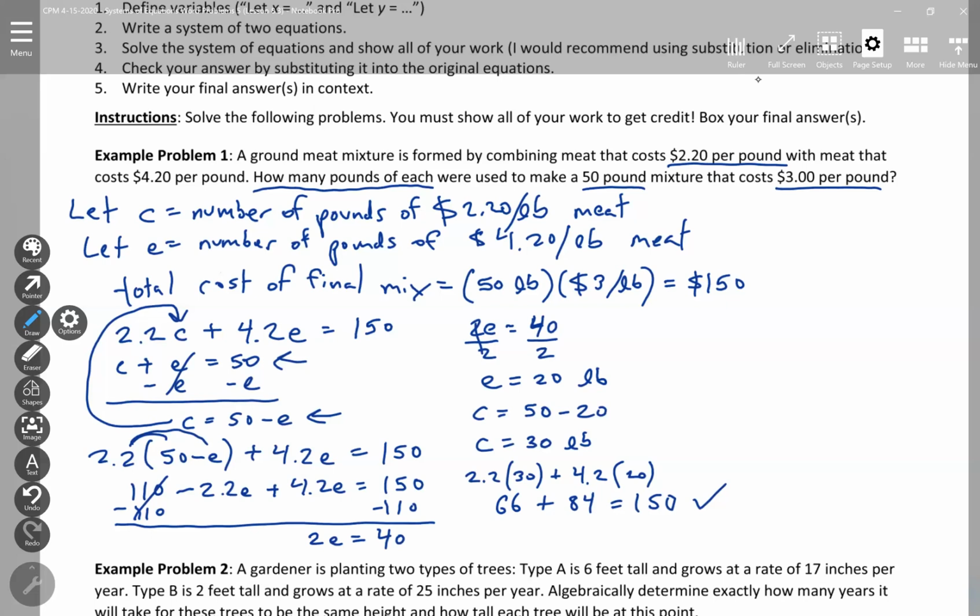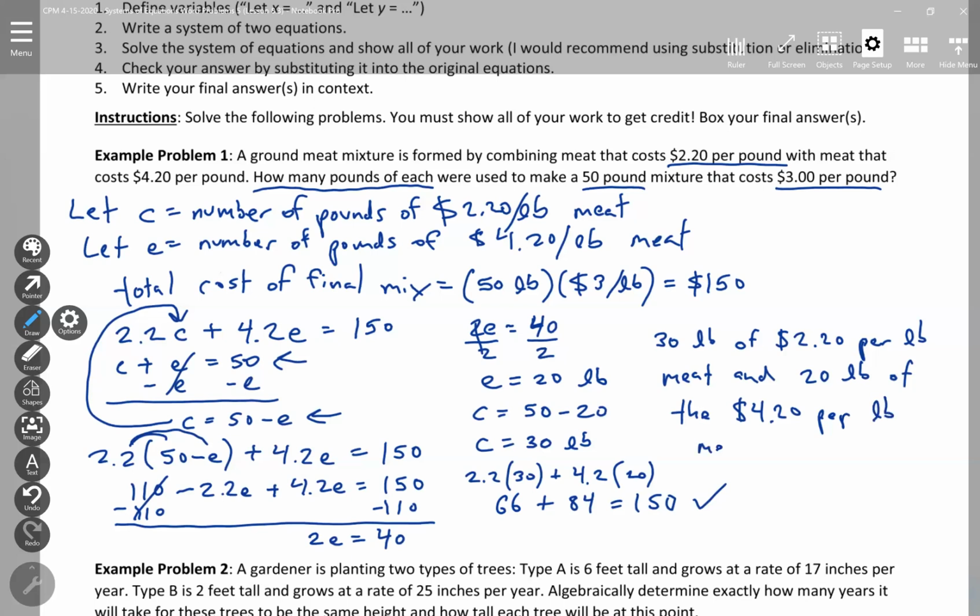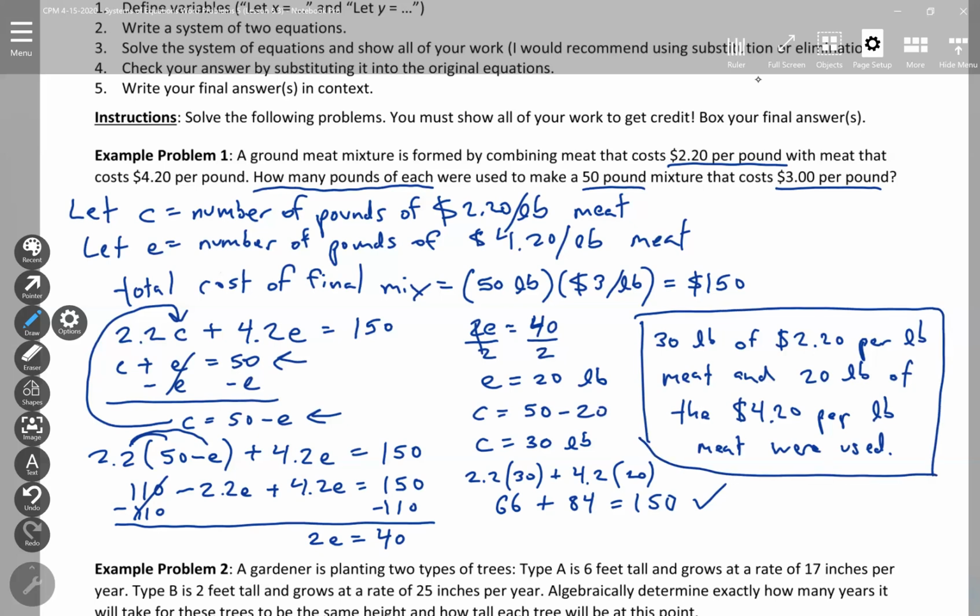So we have, let's say, 30 pounds of the $2.20 per pound meat and 20 pounds of the $4.20 per pound meat were used. And we're done with example problem 1.